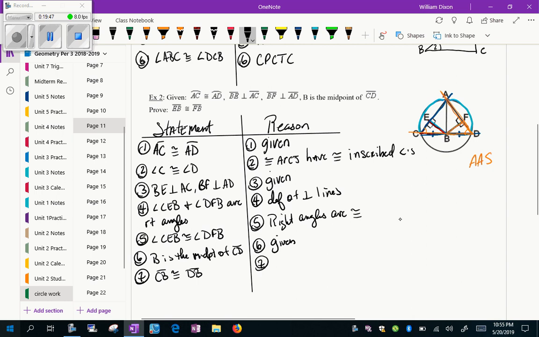And I'm going to write definition of midpoint. And then 8, I can write the triangle EBC is congruent to triangle FBD.